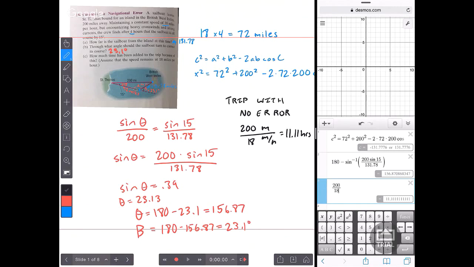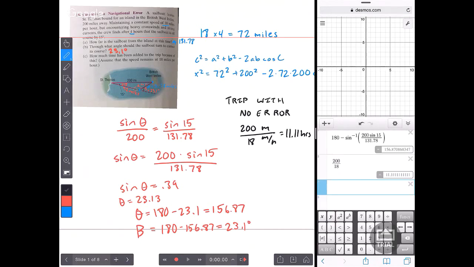And now I want to know, okay, at their current method, it's going to be 72 miles plus another 131.78 miles.